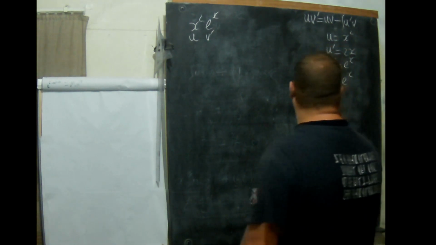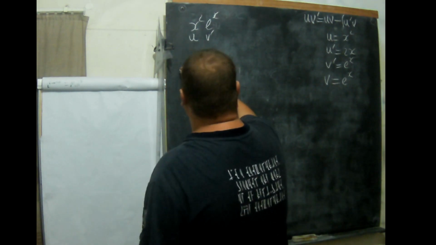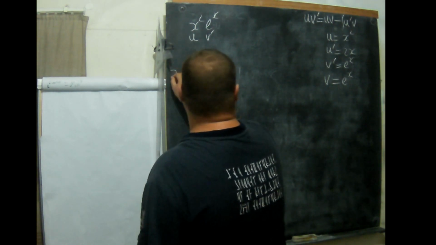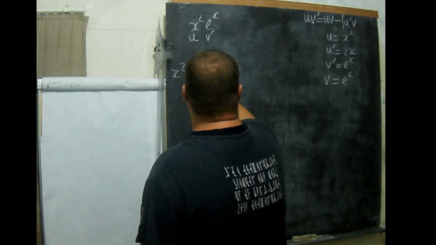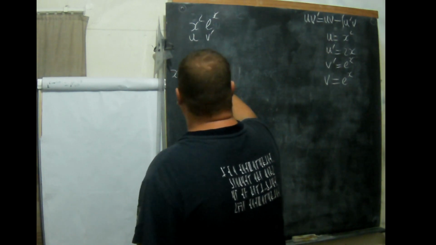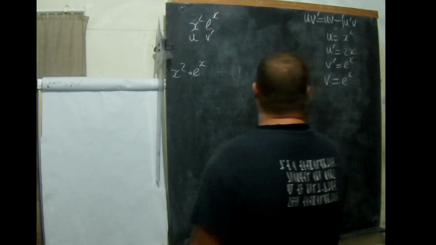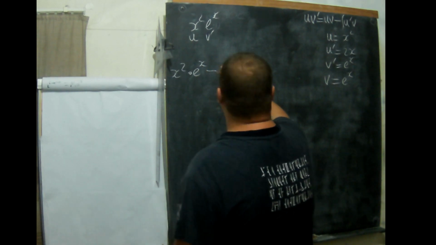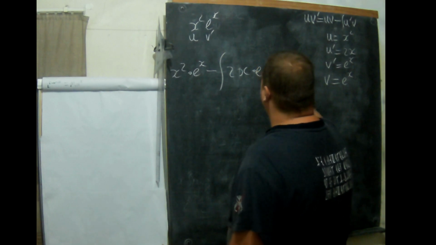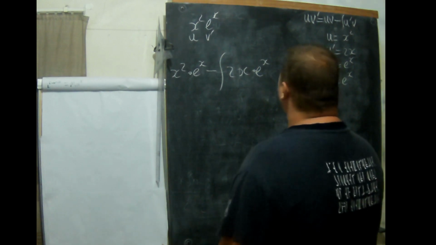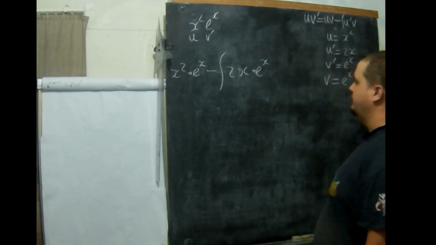So now what we're going to do is put that into our formula. u, which is x squared, times e to the x, minus the integral of 2x times e to the x. So now we had a little bit of a quandary.